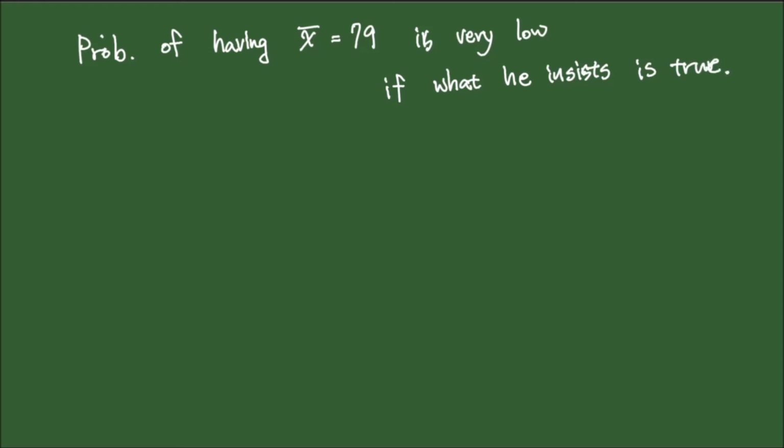Okay. So how can we calculate this probability? The probability of having X bar is 79 under the assumption that his opinion is true. So our goal is to calculate that probability.